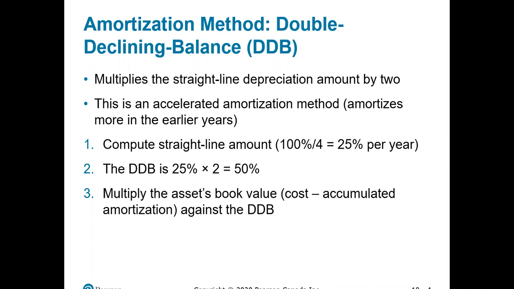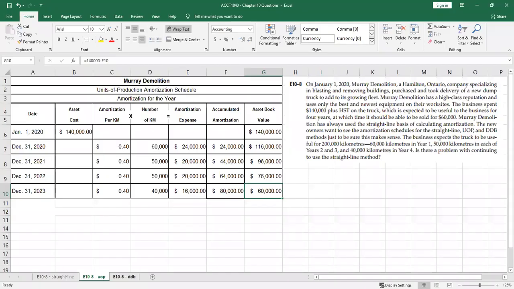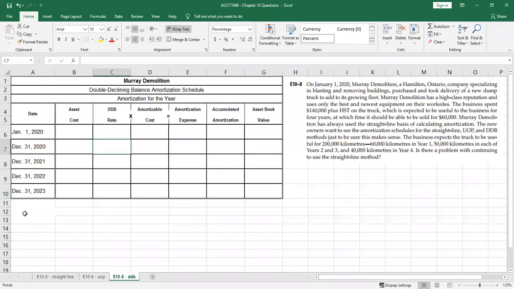For double declining method, we will use 50%. Okay, let's use that 50% in our Excel template. We'll go to the last part of this question, exercise 10-8, using the double declining balance method. Again, asset cost will be 140.